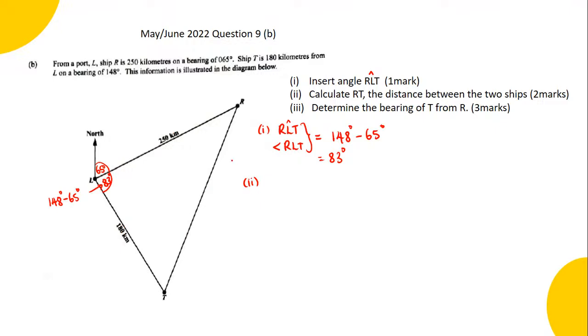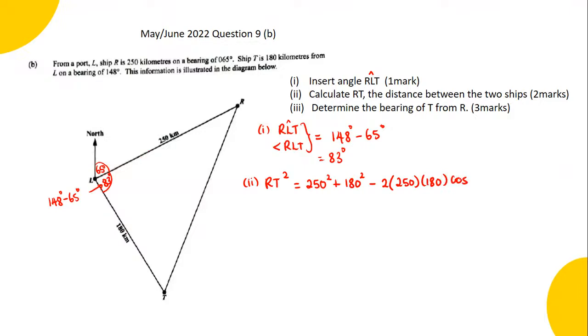So the cosine rule now, we are trying to find RT. So RT is the side we want to find. So RT squared is equal to, you are going to square these two sides and sum it. So that's 250 squared plus 180 squared. And we are going to subtract 2 multiplied by these same two values, all right?